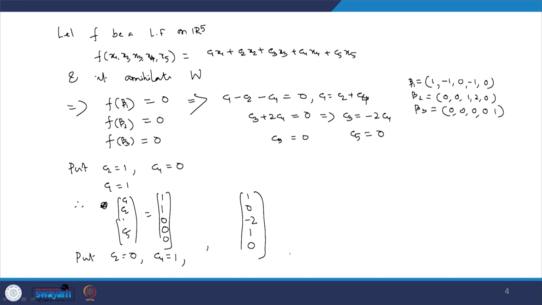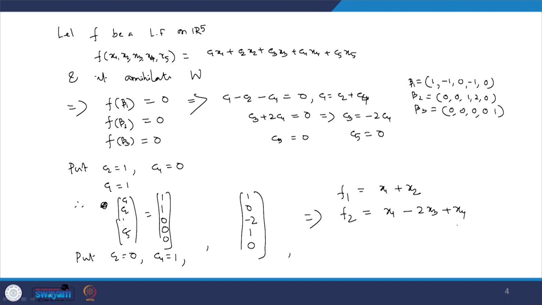So, this implies that I have two linear functionals. f1 is equal to x1 plus x2 and f2 is equal to x1 minus 2x3 plus x4.